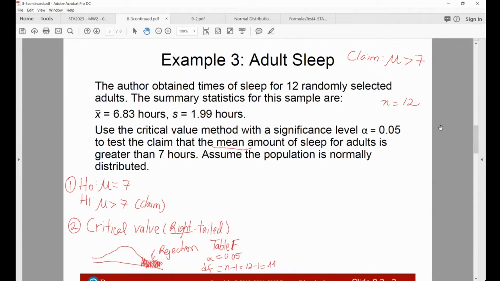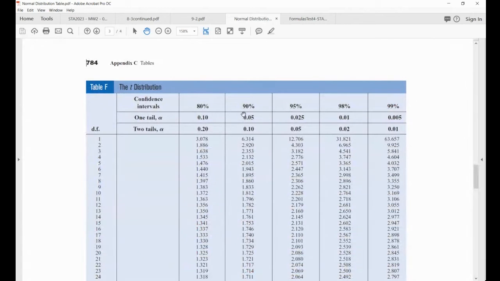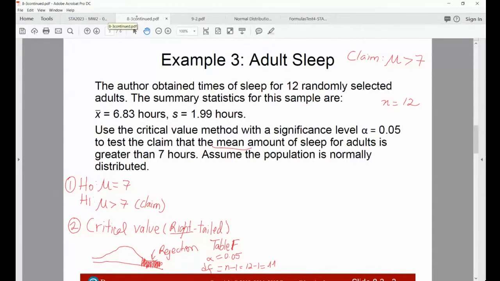So now we can use table F. Alpha is 0.05, the test is 1 tail, and df is 11. So what would be the value? The critical value is 1.796. In this case, the test is right tail, so we only need to use the positive critical value, 1.796.